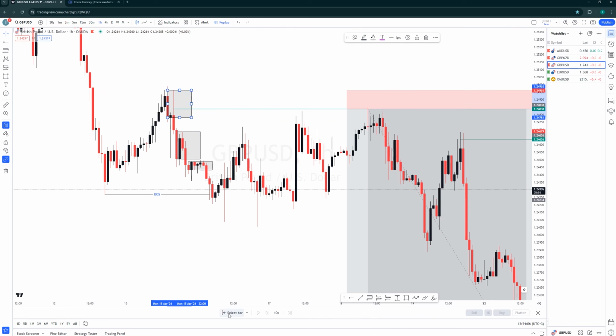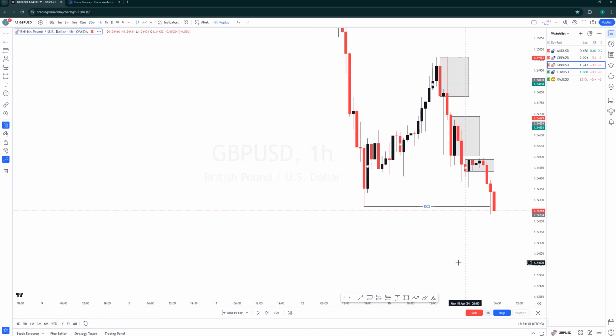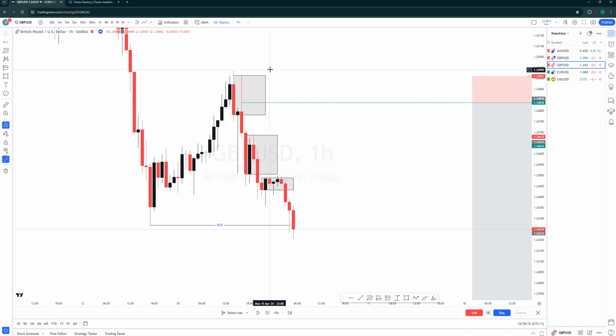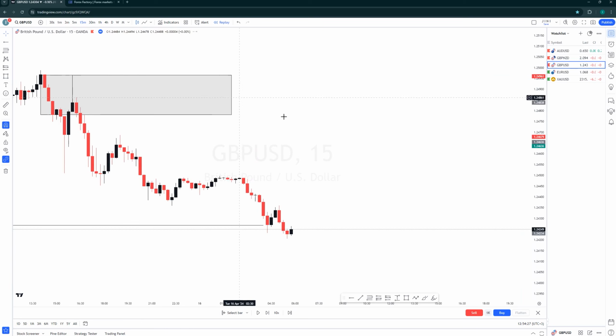But if you face a scenario like this, what you have to do is just go and see if the first inside formation is not yet consumed. Just mark it and then go back to the 15 minutes according to our time frame coordination.